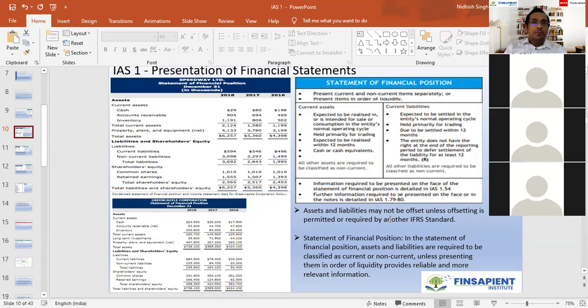In some places, based on where we are reporting, Asia versus Europe or North America, it is observed that generally North American countries report on the basis of liquidity. So it will start with the most liquid asset from the top. Whereas various European countries, generally even under IFRS, start with the fixed assets.